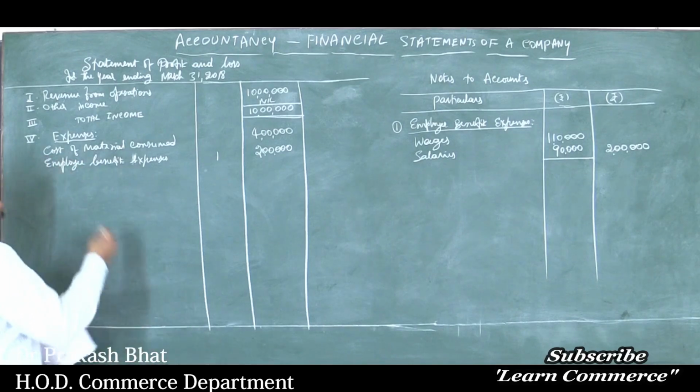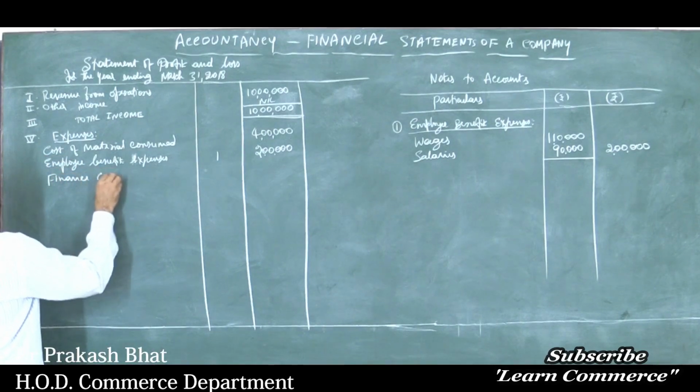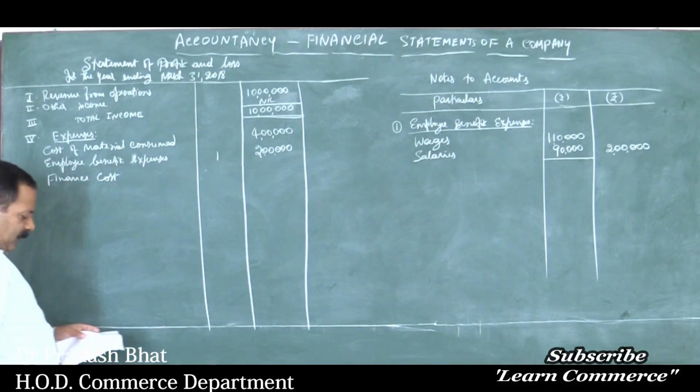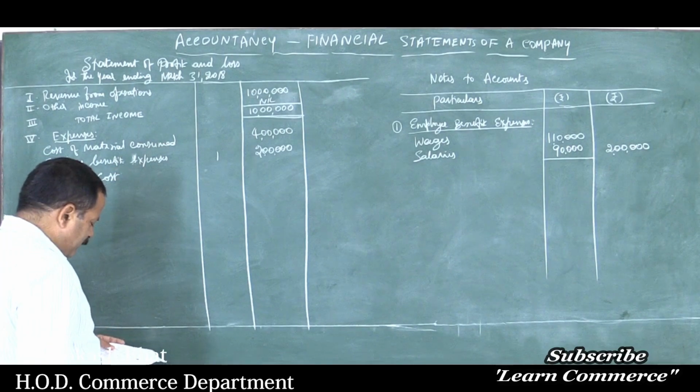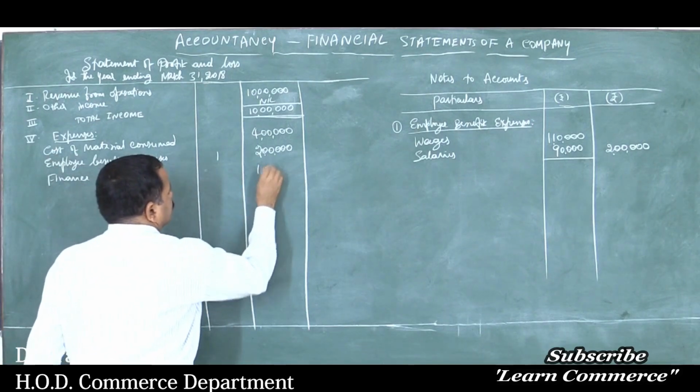Then finance cost. Only one item is there, debenture interest, 10,000.